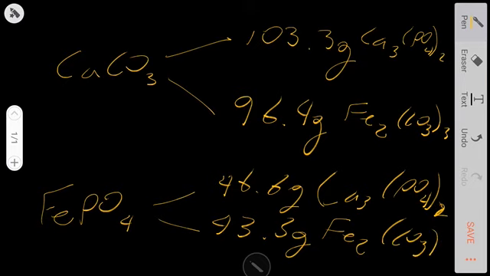Now clearly here you can see that with iron 3 phosphate, I made less. So this is my limiting reagent. So this is the answer for A. This is my limiting reagent.